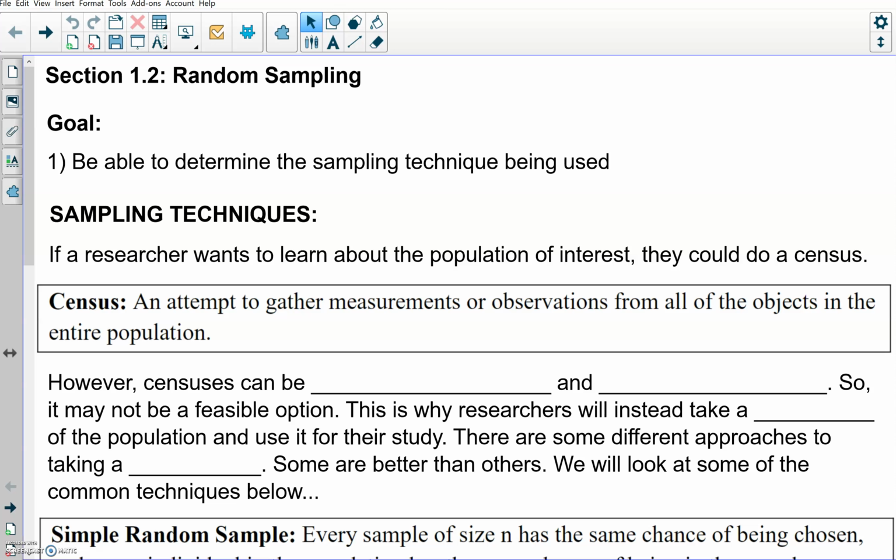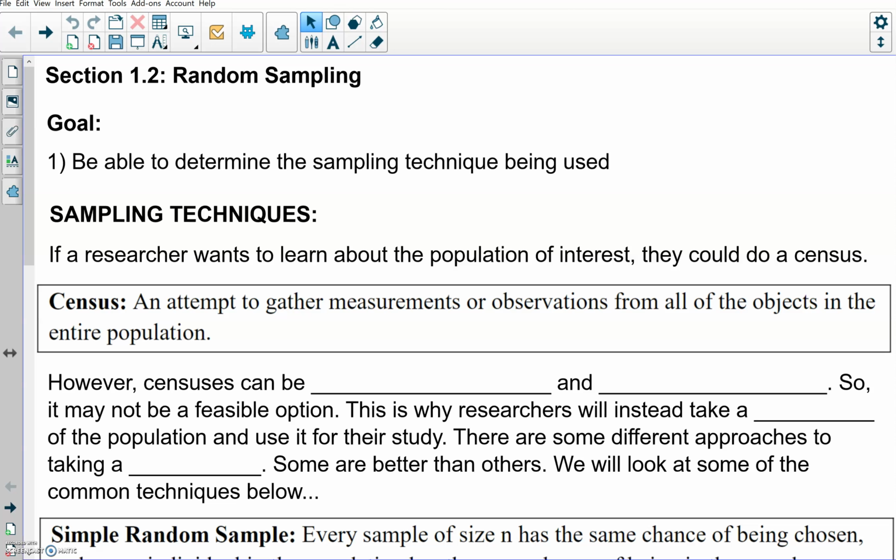So here, we're going to look at different ways to collect that sample and get that data, collect whatever it is you're collecting, whether it's favorite colors, whether it's heights, whatever, getting that sample of the population in a proper way that hopefully represents the whole population is always your goal.